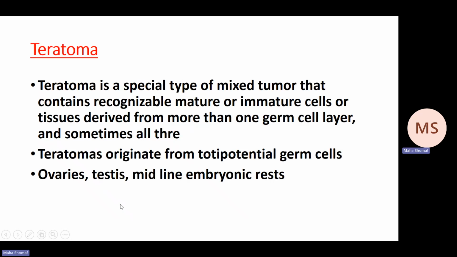Also, teratomas are a specific type of tumors. Teratoma is a special type of mixed tumor that contains recognizable mature or immature cells or tissue derived from more than one germ cell layer, and sometimes all three layers. Teratomas originate from totipotential germ cells, and they differentiate into different types of tissue, giving different types of tissue within a tumor.